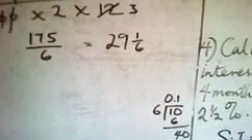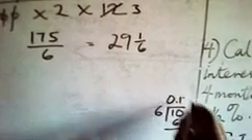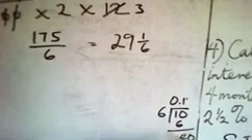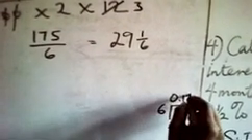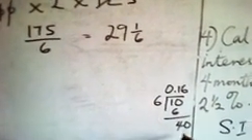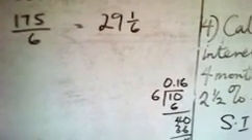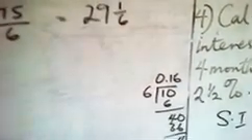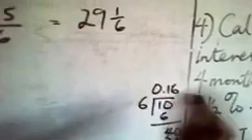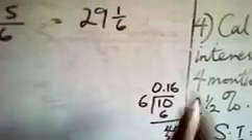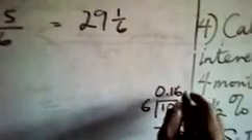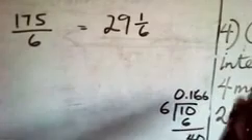6 and 40 will give us 6. That is 36. Subtract this, you have 4. And if you continue, you will continue having 6, 6, 6, 6, 6. It will be a recurring decimal. So what you need to do is just to approximate. It will continue giving you 66.